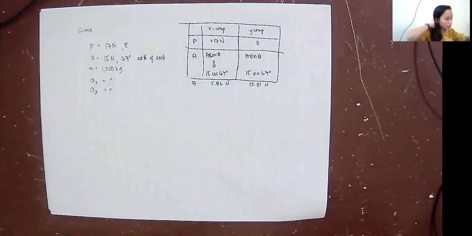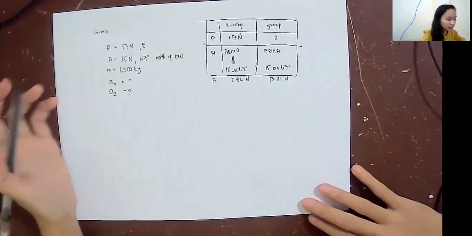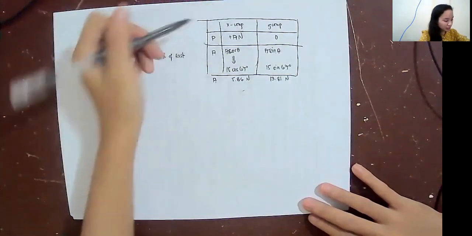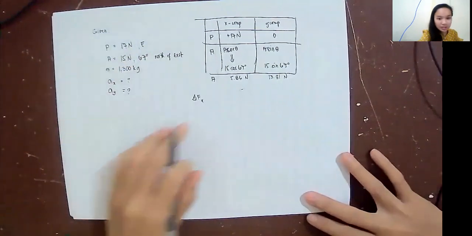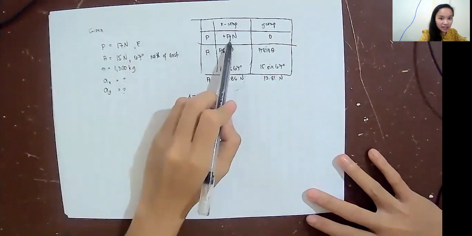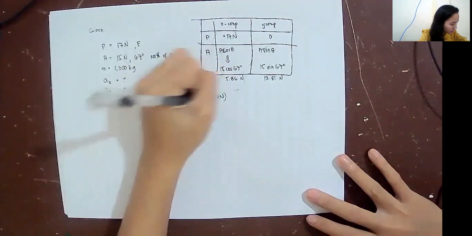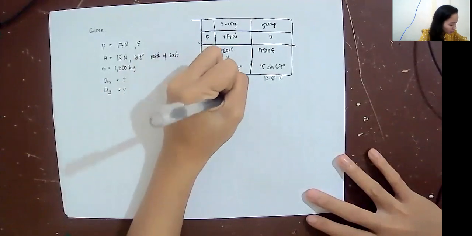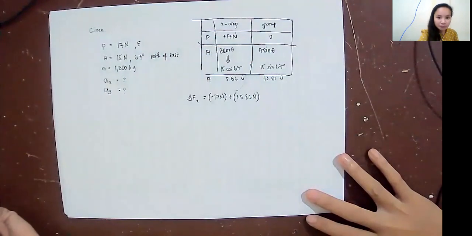Okay, now for the forces along X, we add all of them, these components here. So what we are going to do is the summation of all forces with respect to X, or those on the X-axis. So you just add positive 17 newtons plus positive 5.86 newtons.